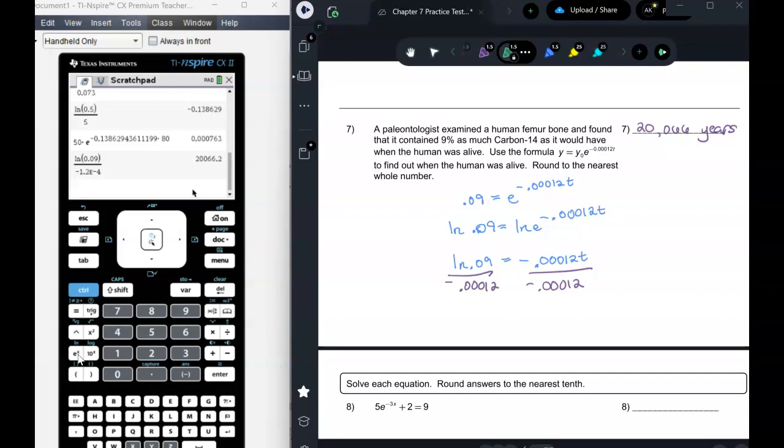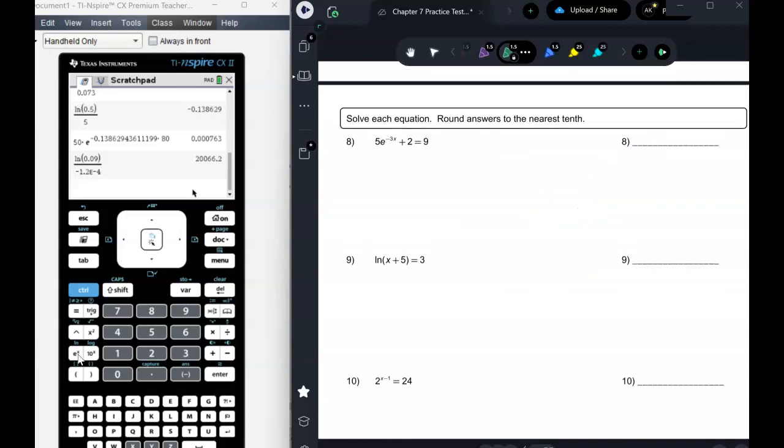Okay, solving equations with e to the x. So first thing we want to do is isolate e to the power. So we have 5e to the negative 3x equals 7. And e to the negative 3x is 7/5.